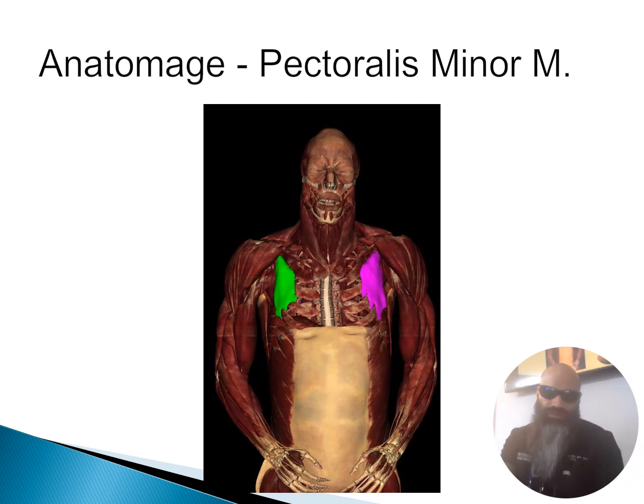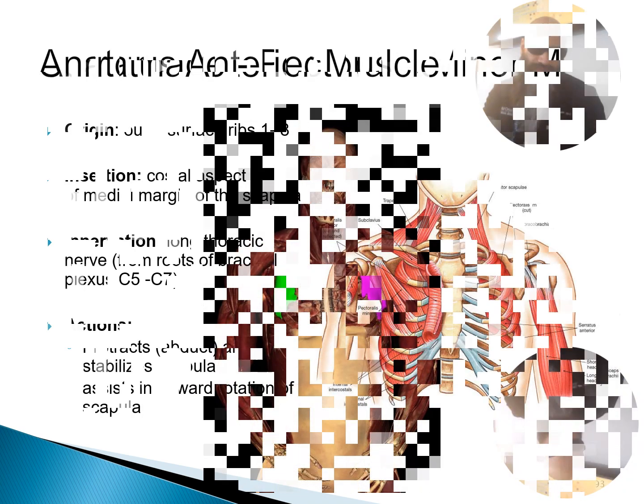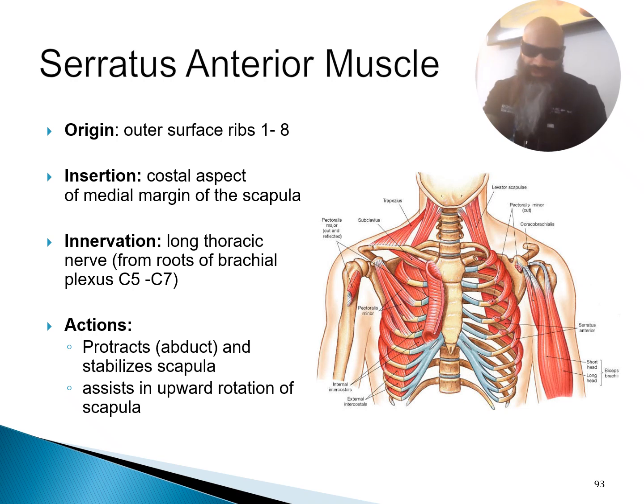Here are some more pictures of Carl. Serratus anterior: outer surface, the most lateral surface of your ribs 1 through 8, to the costal aspect of the medial margin of the scapula, so basically back in there.